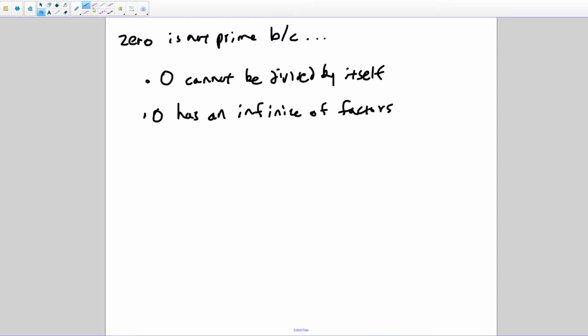If that's a little bit confusing, think about what you can multiply together to get 0. I can go 0 times 1, 0 times 10, 0 times 1,243, and these would all equal 0. Since we have an infinite number of factors, 0 also can't be a prime number.